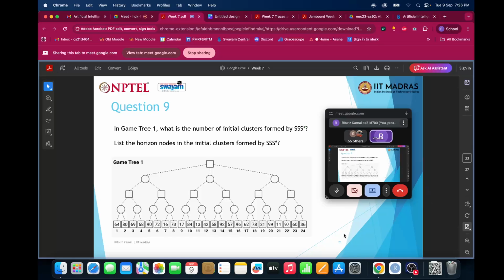Now the last algorithm that we are going to look at is the SSS star algorithm, and like we discussed previously, this does even more aggressive pruning than alpha beta. What this does is start with some initial number of clusters. How it decides those initial clusters is different from the usual rule we use to identify strategies in the game tree.